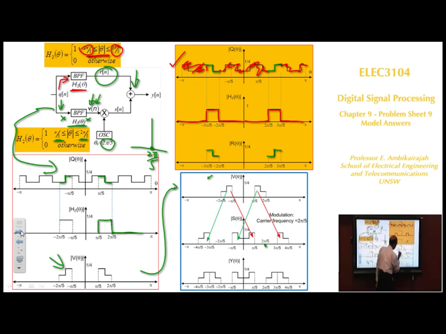When you do that, this part will move there, and this part will move here. Similarly, you'll have a negative one. When you do minus 2 pi over 5, that will move here, there, and that will move here. So you got the S theta spectrum.